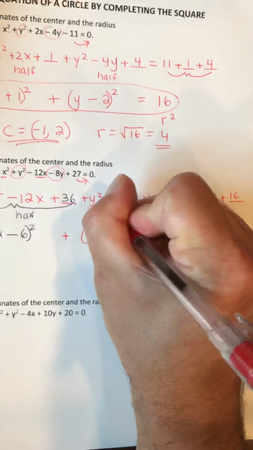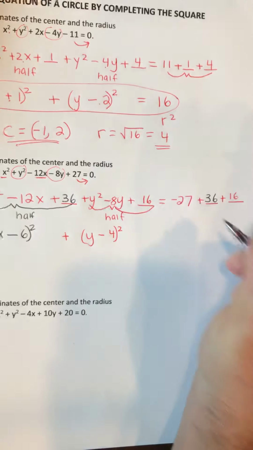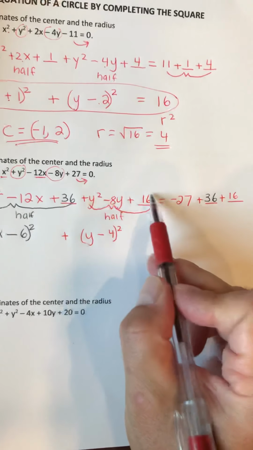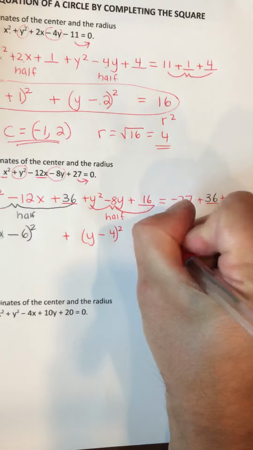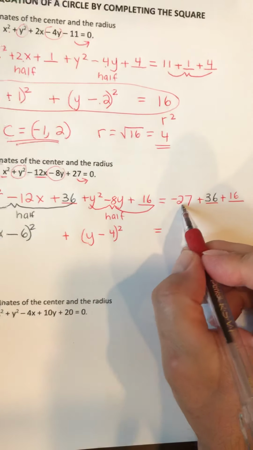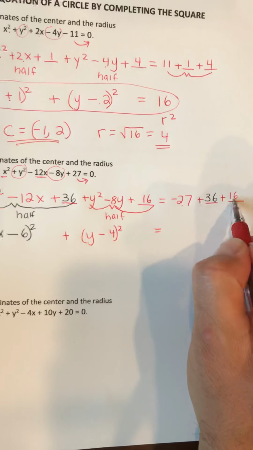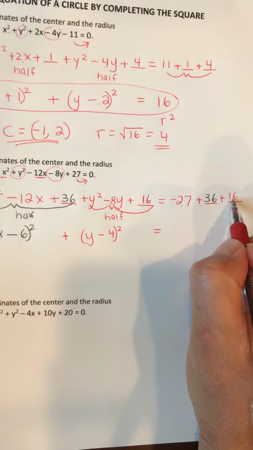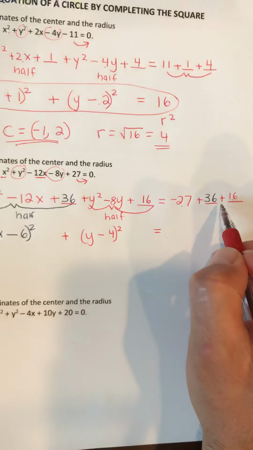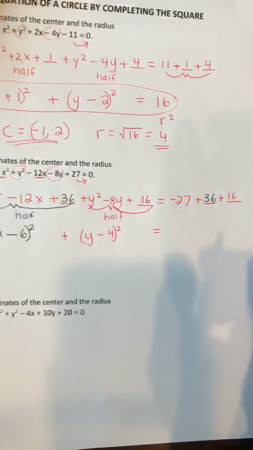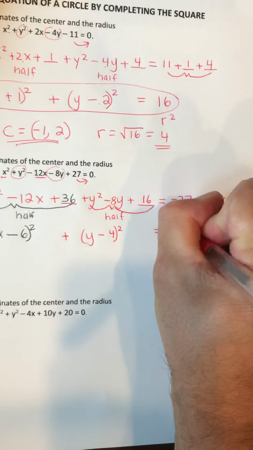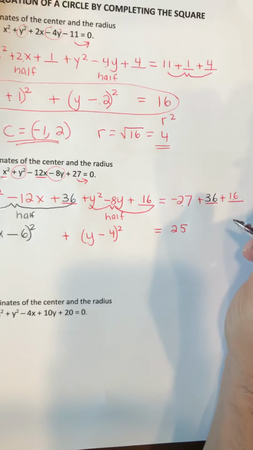And again, this y minus 4 squared replaces this whole trinomial. And then on the right, you're going to combine negative 27 plus 36 plus 16. And when you do that, that's going to come out to 25. Keep in mind that the 27 was negative.